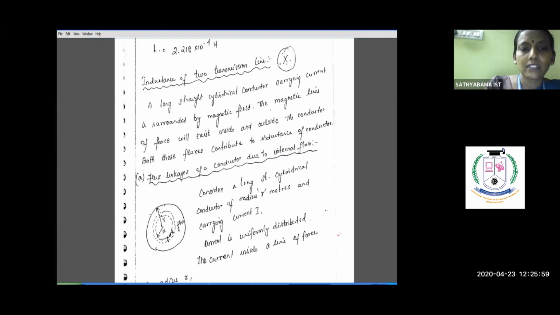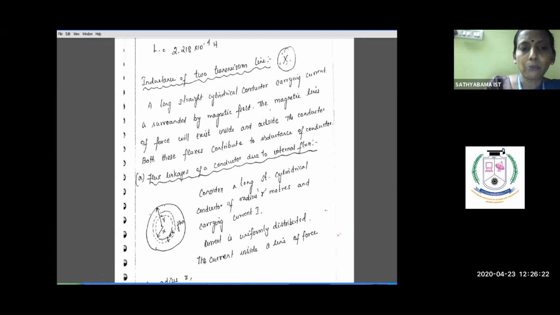Now consider a conductor of radius r, small r here. So we are going to use Ampere's law now. Ampere's law is nothing but integral of H into dl is equal to I. Now I am going to construct an Ampere loop which has a radius of small x here.